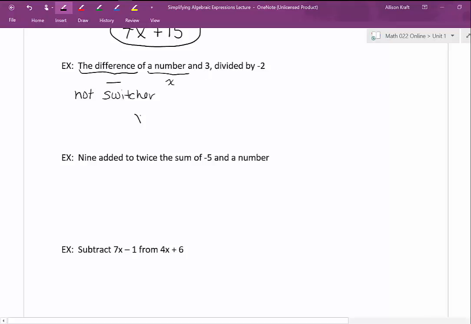So we write that x minus 3. Now we want to divide all of that by negative 2. How do I know I'm dividing all of that by negative 2? The comma. To write the division, we want to use a fraction. So all of this is going to be divided by the negative 2. We look for like terms. We don't have any. This is our answer.